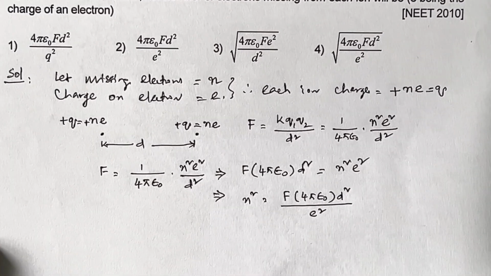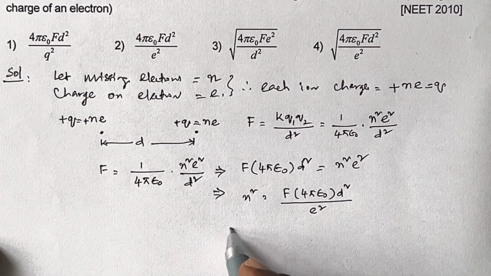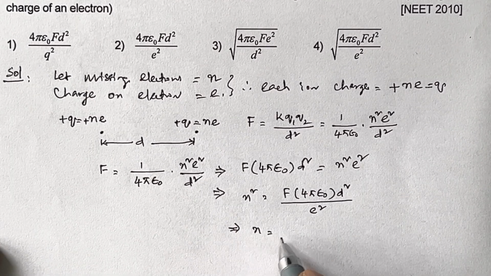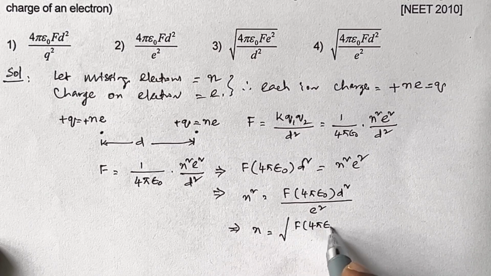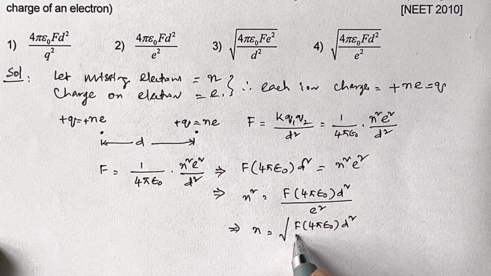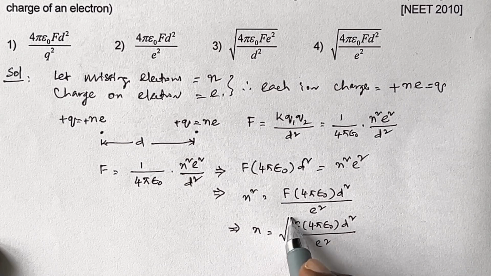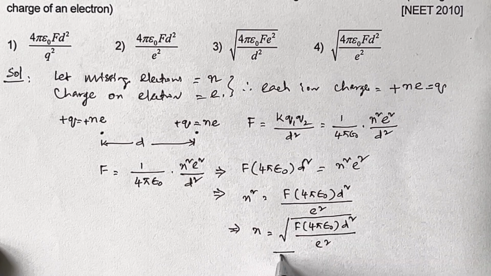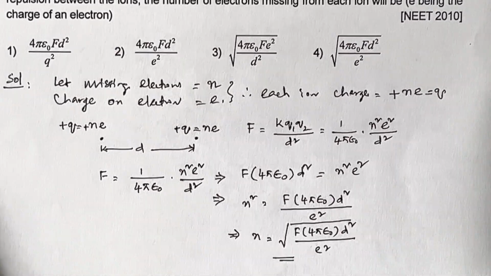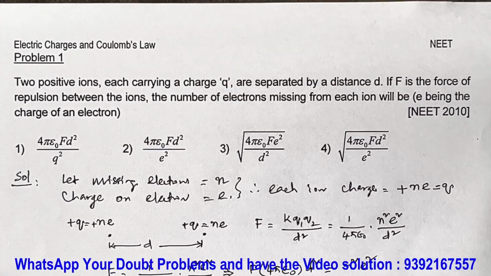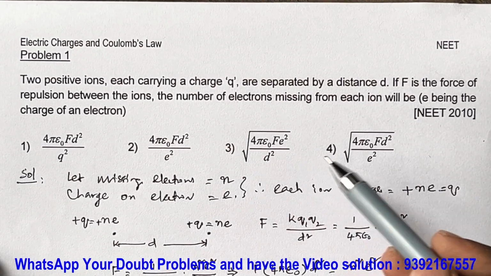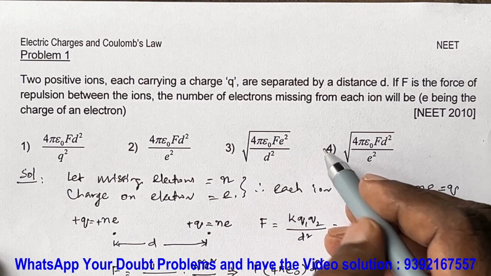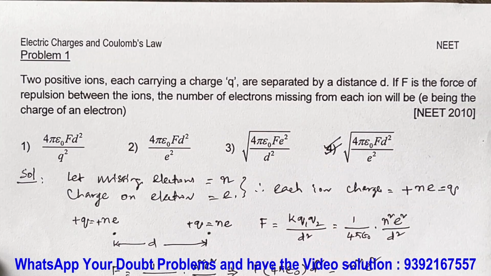So finally our n is equal to under root F 4 pi epsilon naught d square by e square. So this is our answer. Let us check which option is correct here. 4 pi epsilon naught F d square by e square, so the fourth option is the correct option.